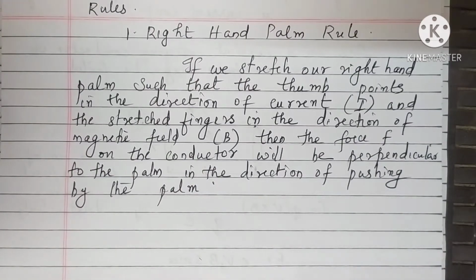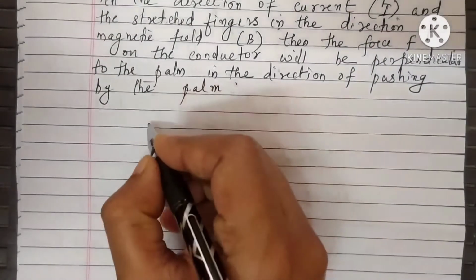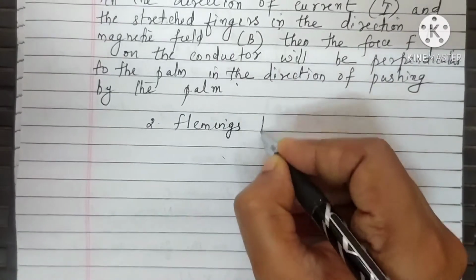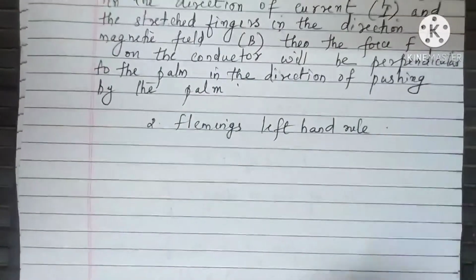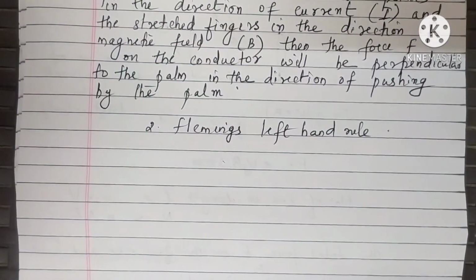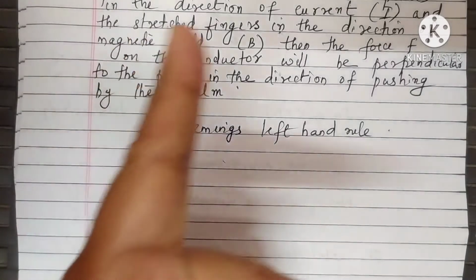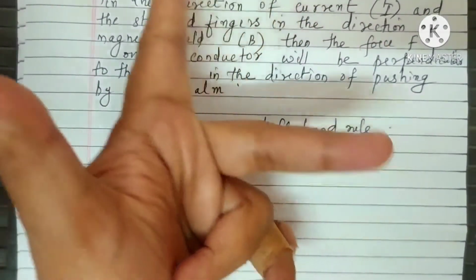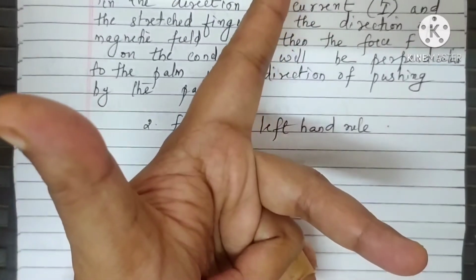Now again, the second rule which gives you the direction of force is Fleming's left hand rule. This rule you have studied in class 10, in which you consider your left hand in such a way that you stretch your 3 fingers like this, that is the thumb, the forefinger and the middle finger, in such a way that these 3 are mutually perpendicular.